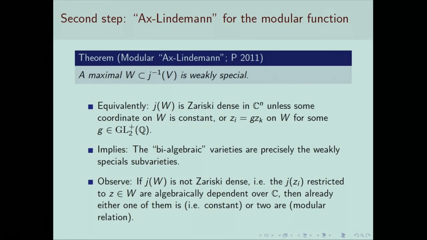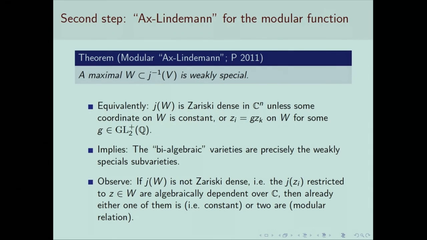So this is where I should say, of course, that when I say that J inverse of V contains a positive dimensional algebraic set W, I have to be a bit careful what I mean by this, because there are no algebraic sets that live only in the upper half space.